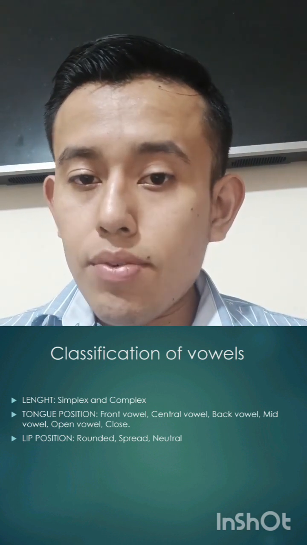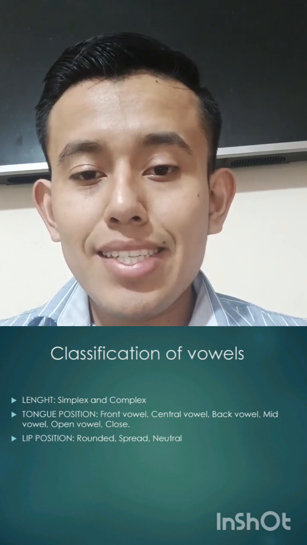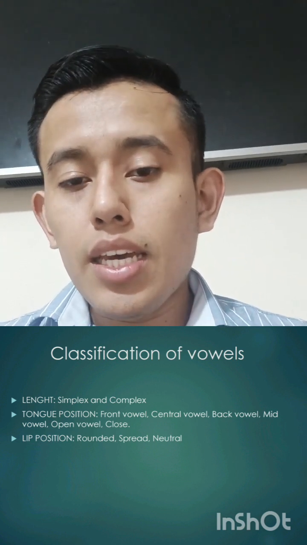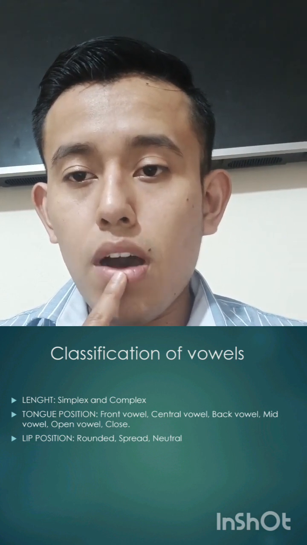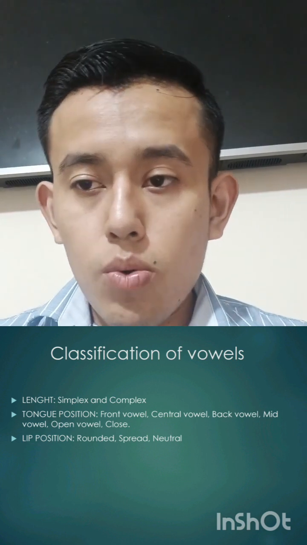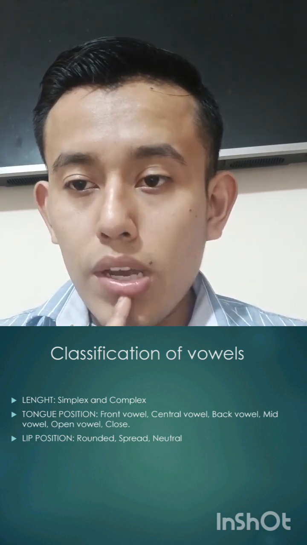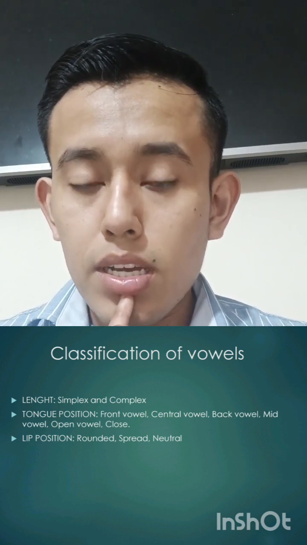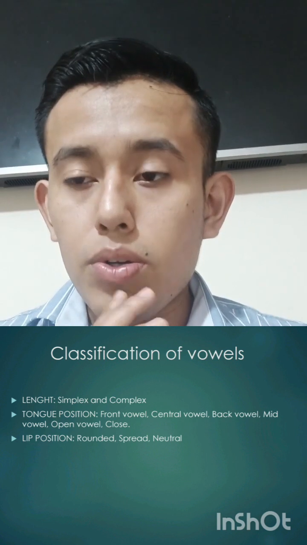In this case, we have words, for example, spit, sick, set. In these words, our tongue is in the front part of our mouth. In the central vowel, the front of the tongue is raised towards the back part of the hard palate of our mouth.